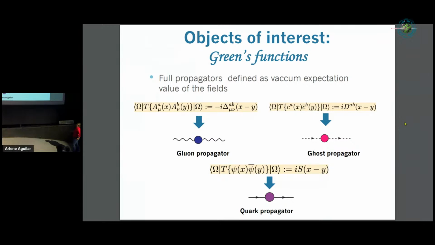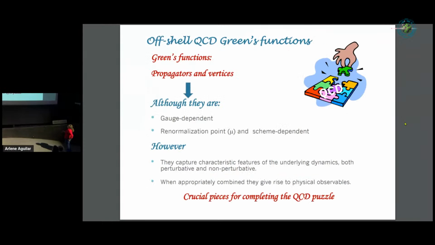Here is the vacuum expectation of the two gluon fields, that is the gluon propagator, then the ghost propagator, and the quark propagator. In the case of the quark, I'm not going to talk about anything because I'm going to stay in quenched QCD. But why did I want to know things about Green's functions, these propagators and the vertex?